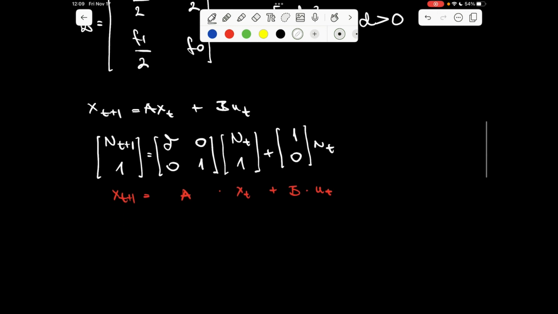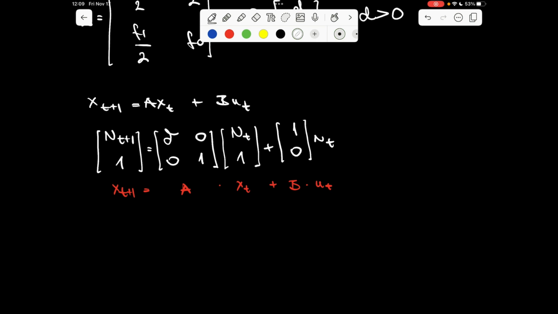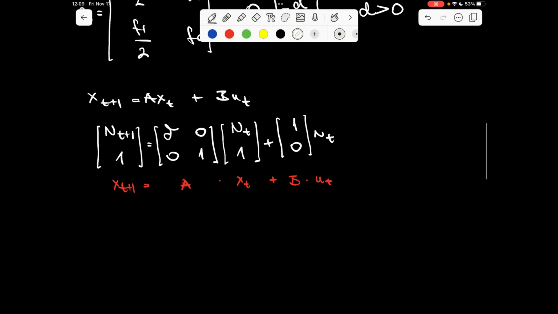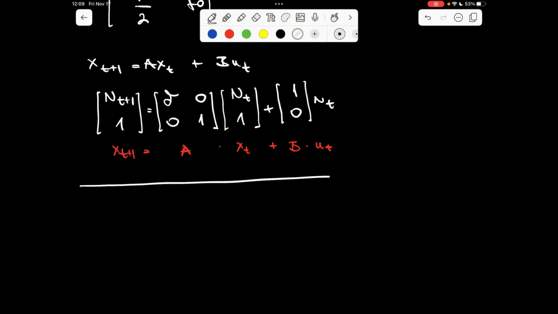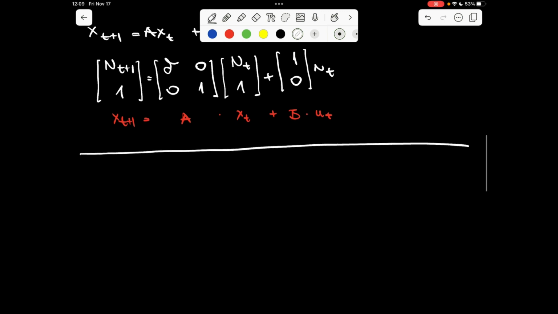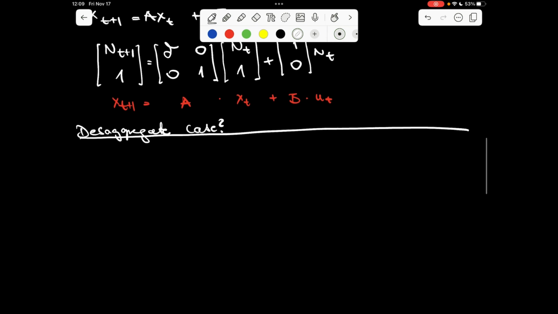It's easy to solve in MATLAB when we have the appropriate parameters, and we will solve this version of the problem in MATLAB. But first, before doing anything in MATLAB, let's have a look at the disaggregate case.